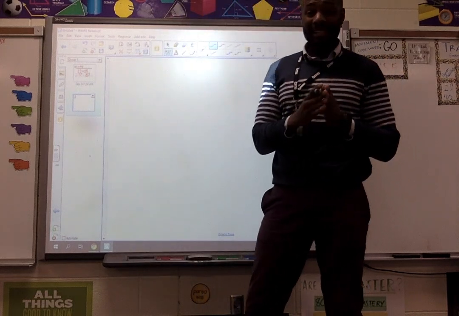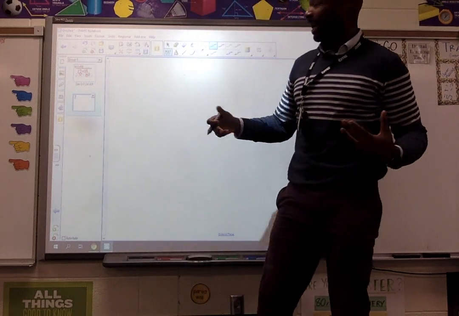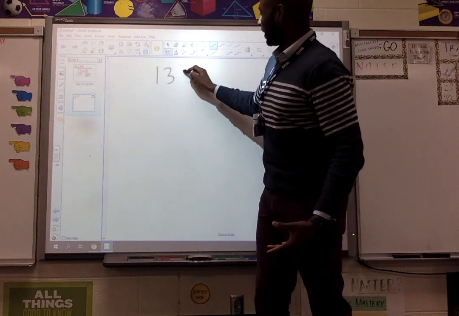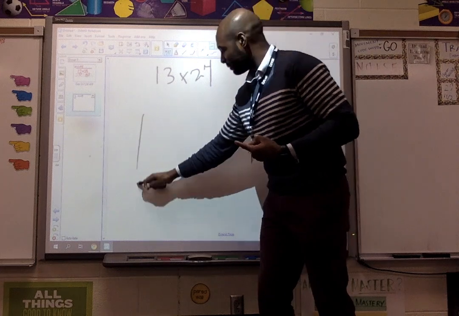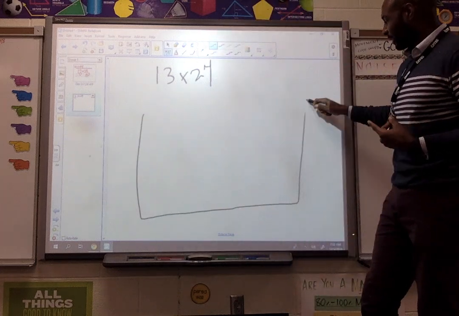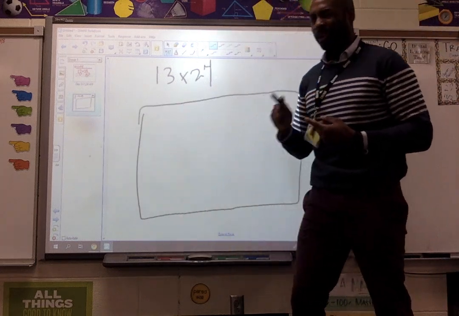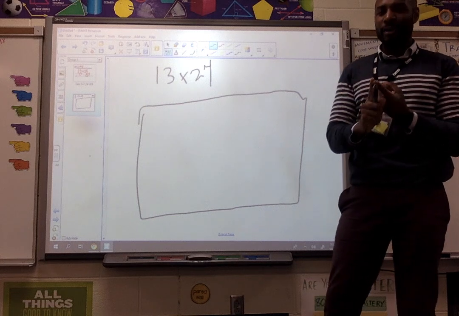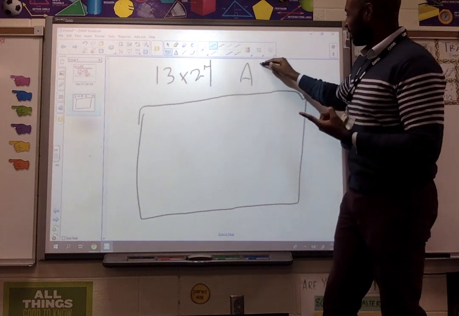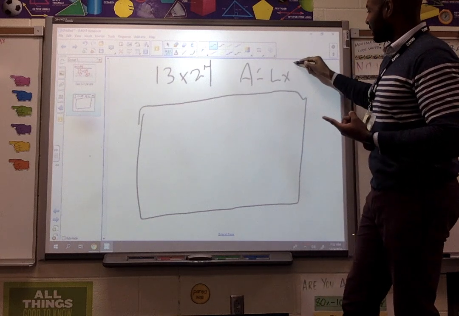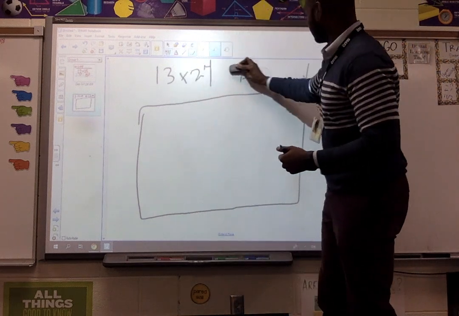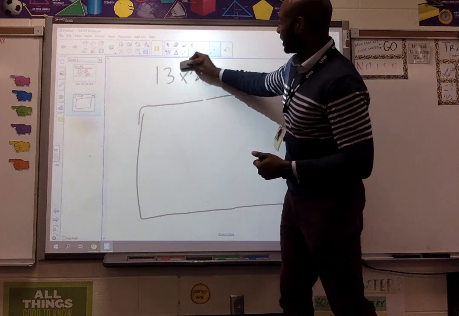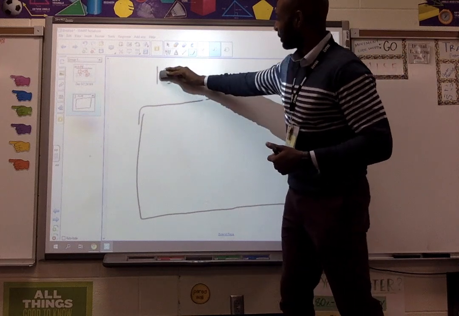Now today, since we're using the area model to multiply 13 times 24, you know that we're going to have to draw that rectangle. You guys should know right now that the formula for area is equal to length times width. So let's multiply 13 times 24.